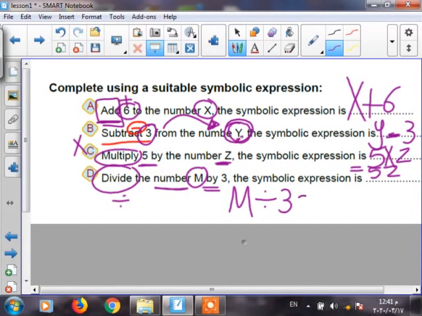Or I can write it another way, m over 3. This is called m divided by 3. This is the way to divide any number by another number. Divide the number m by the number 3. And this is called the symbol of expression because I use any symbol like m, like n, like x, like y, like a square. This is all.